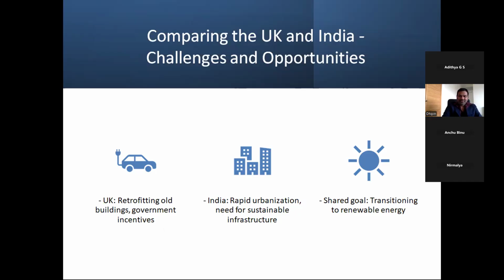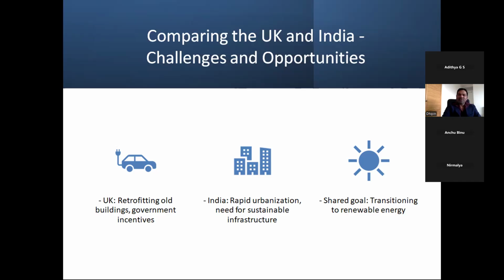Comparing the UK and India, in the UK it's retrofitting old buildings and government incentives. One advantage of the UK is that there are a lot of incentives. For example, if I want to switch my diesel car to an electric car, I get a grant of around 5K.